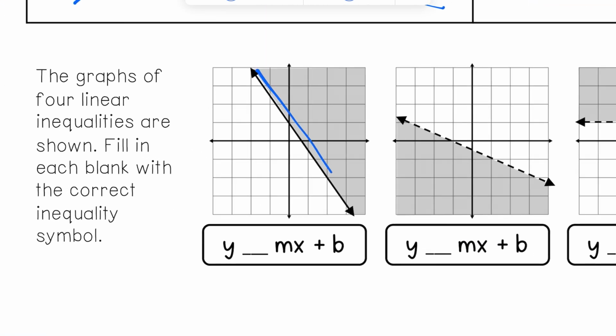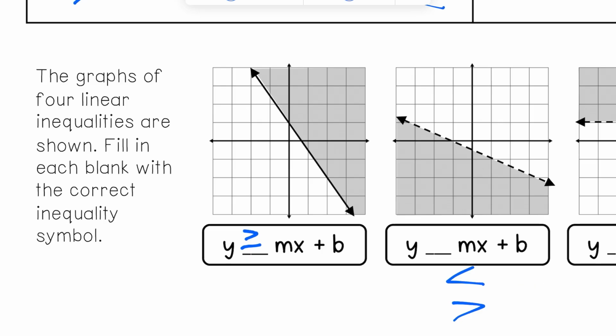In this case, it was a solid line, and it was shaded above the line. So if you were to look at your notes up top, that section 2 and 3, you would see that it's a greater than or equal to symbol that makes sense here. Here, it's dashed, so I know it's not going to be underlined. It's going to be one of these two, right? Because my solid lines are the ones where I have my less than or equal to or greater than or equal to.